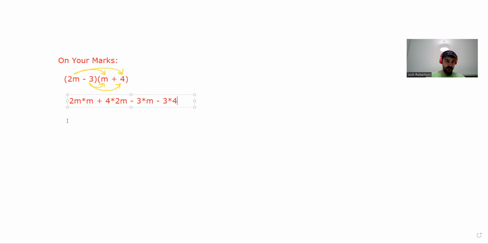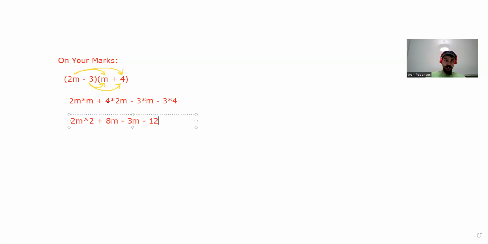Okay, so what do you get? 2m times m, which is 2m to the 1 plus 1, or 2m squared, plus 4 times 2m, which gives you 8m, minus 3 times m, which gives you 3m, minus 3 times 4, which gives you 12, right?